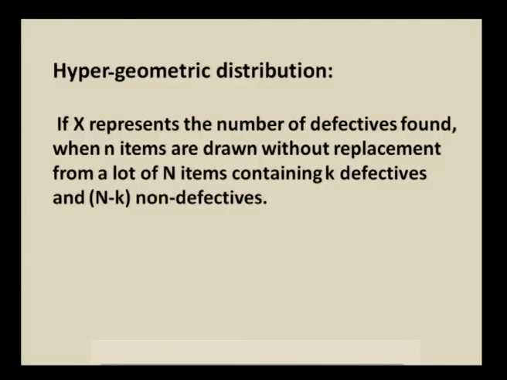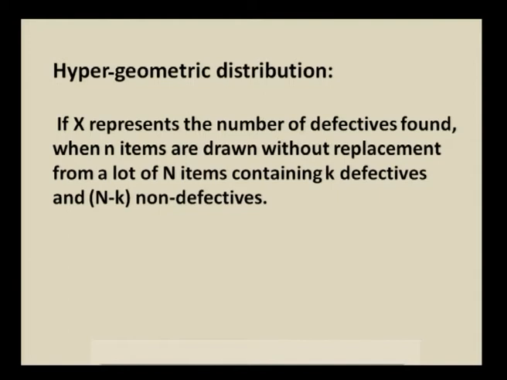If x represents the number of defectives found when n items are drawn without replacement from a lot of capital N items containing k defectives, we have to note down all the values. Capital N represents the whole population lot, and small n represents a part of capital N being taken from the lot, but it is not replaced, and k represents the number of defectives that the lot of capital N items contains.